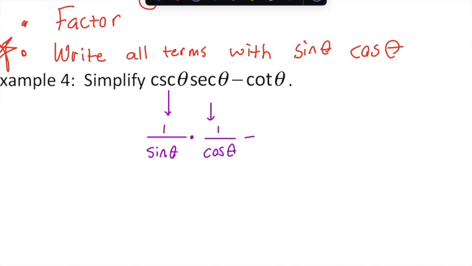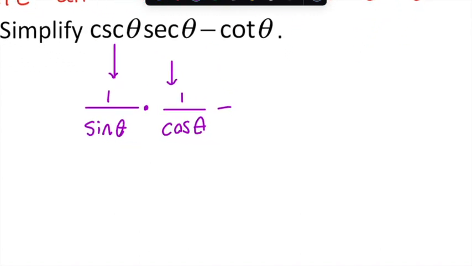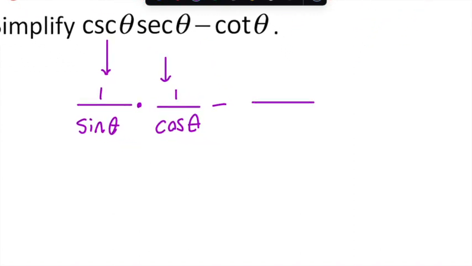And then cotangent, instead of saying 1 over tangent, write it to where it's just having sine and cosine. So use one of those quotient properties. Cotangent is the same thing as what over what? Yep, that's cosine theta over sine theta. Okay, so we wrote in terms of sine and cosine right there.